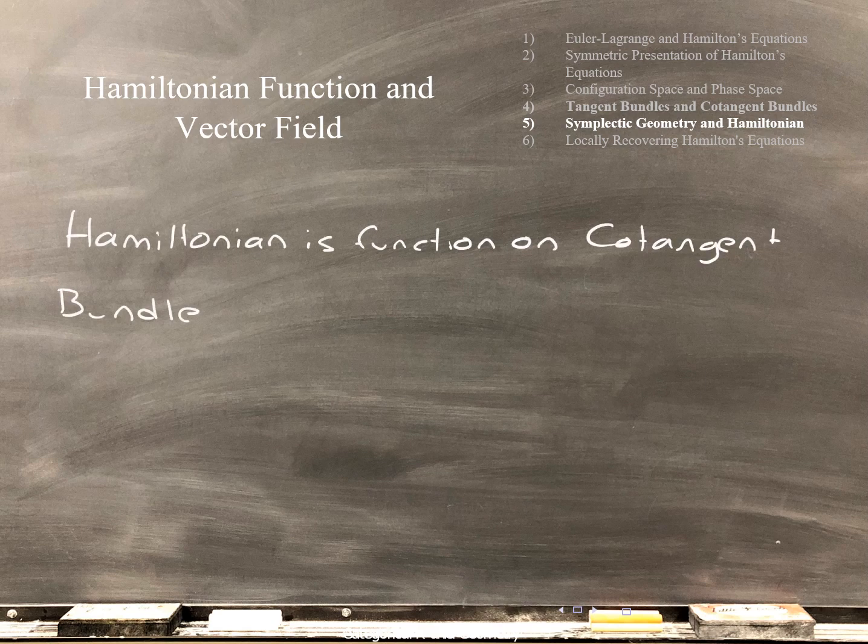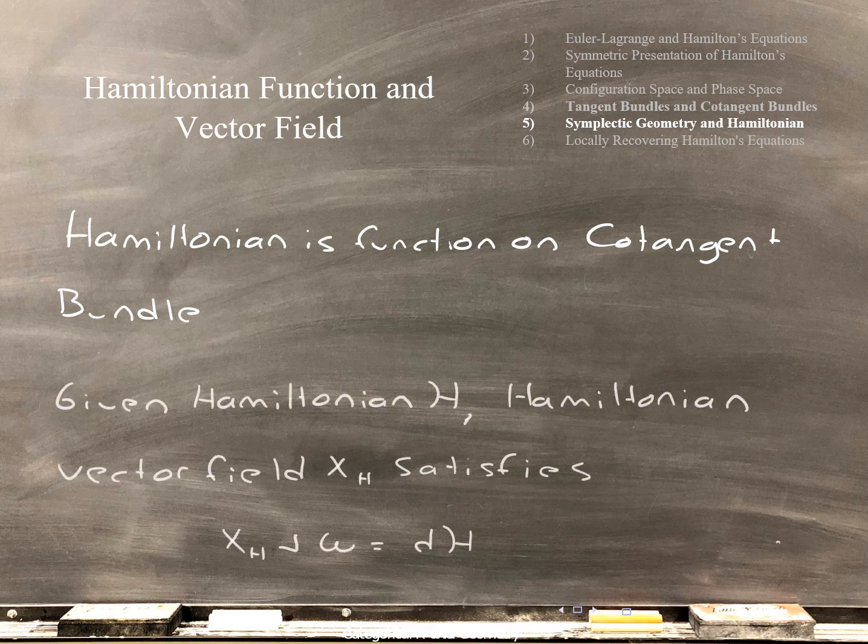Right. So the Hamiltonian is going to be realized as a function on the cotangent bundle. This is since the Hamiltonian was a function of the generalized coordinates and the generalized momenta, which are local coordinates on the cotangent bundle. So we're going to say, given some Hamiltonian function h, a function on the cotangent bundle, a Hamiltonian vector field is going to satisfy the following global equation related to the symplectic form and the Hamiltonian function.